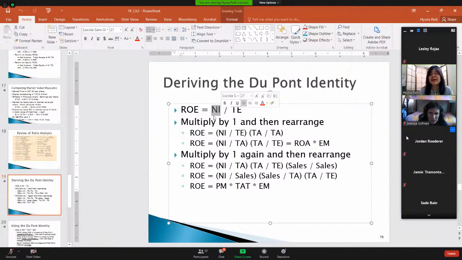So the official definition of return on equity is net income. So where do you find the net income? Income statement, right? So income statement shows net income, divided by total equity. So where can you find the total equity? From balance sheet. So net income divided by total equity is return on equity.